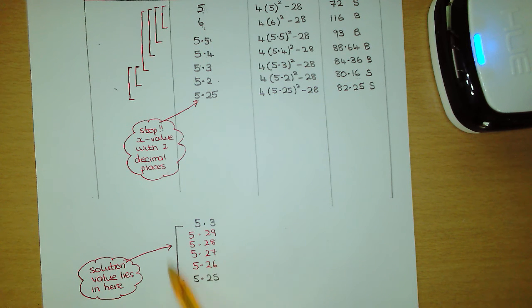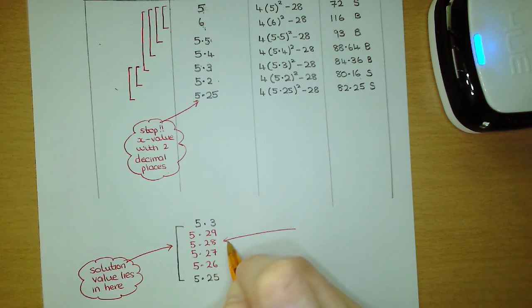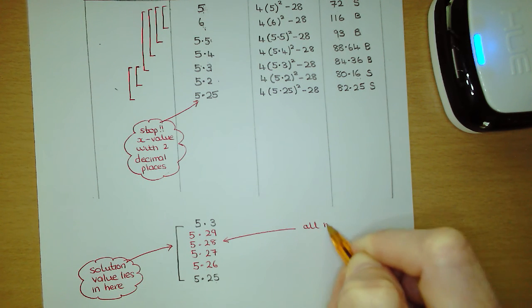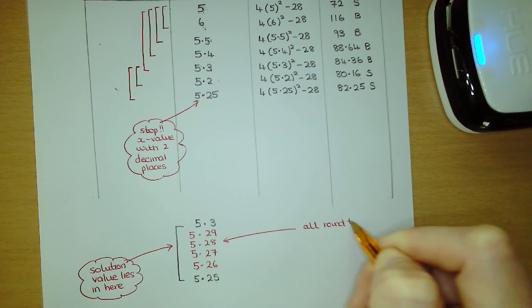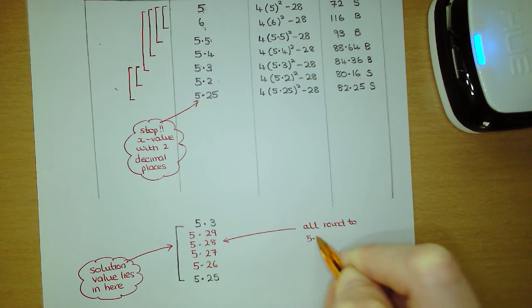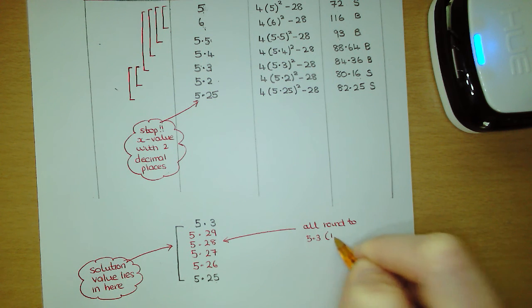Now what you'll notice is all those little red values in the gap, if we were to round them all to 1 decimal place, they would all round to 5.3.